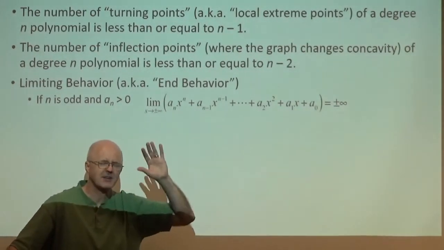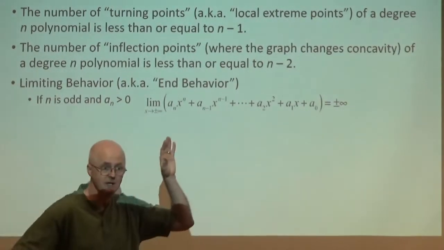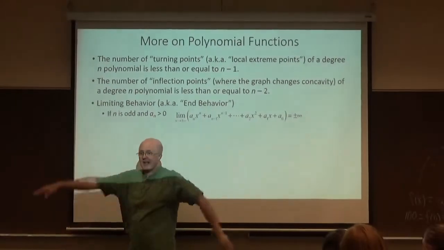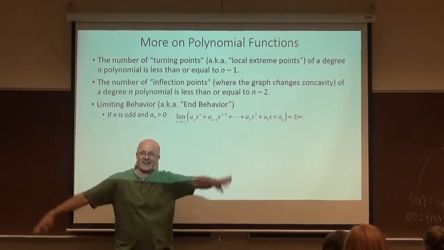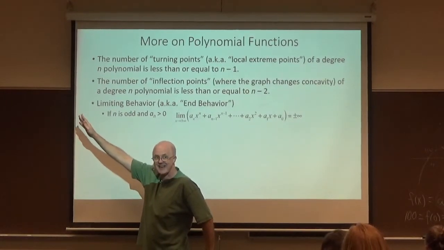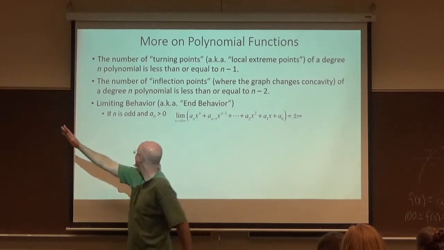Odd degree means the graph either looks like, in the end, I'm going to do a little dance for you here, it either looks like this or like that. This or like that. I'm so glad I'm not falling down. It's a little dance, okay? That's the n equals odd case.